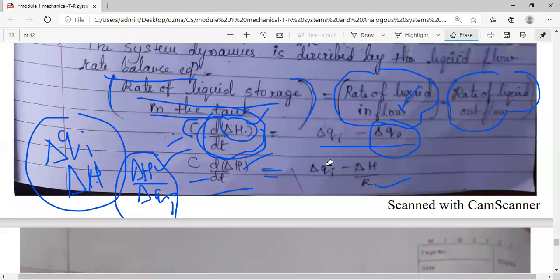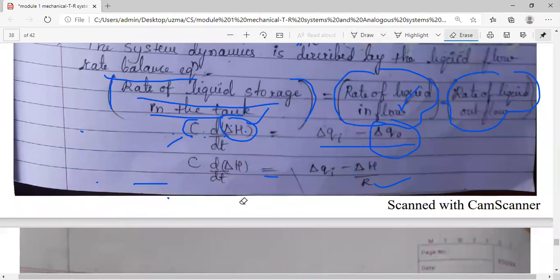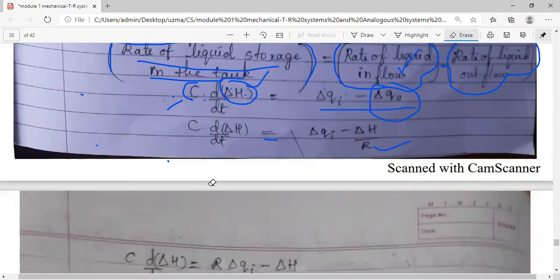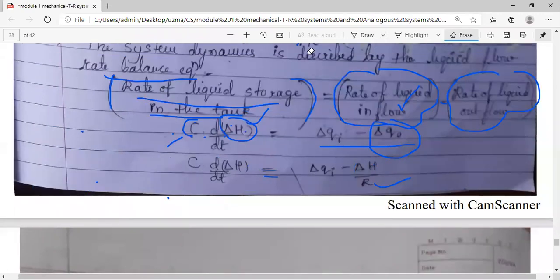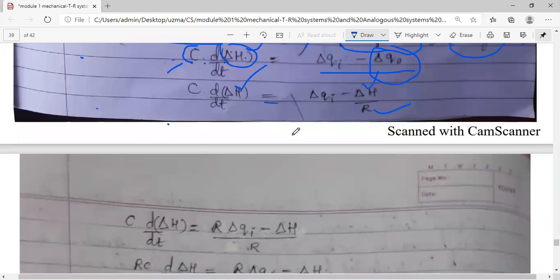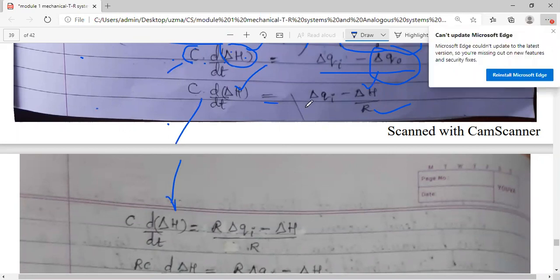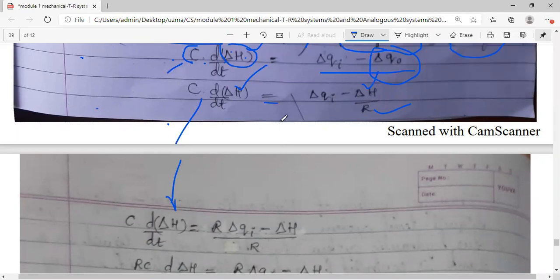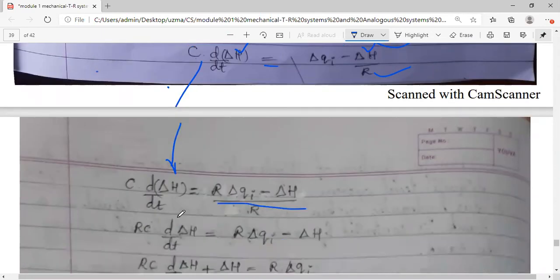So what I need to do now? I have to apply the Laplace transform. Before that, I can simply arrange this. If you see, two terms are having delta H. So let's see what I can do here. Same thing on the LHS. On the RHS I can take this LCM divided by R. Further, R you can take to the left hand side.